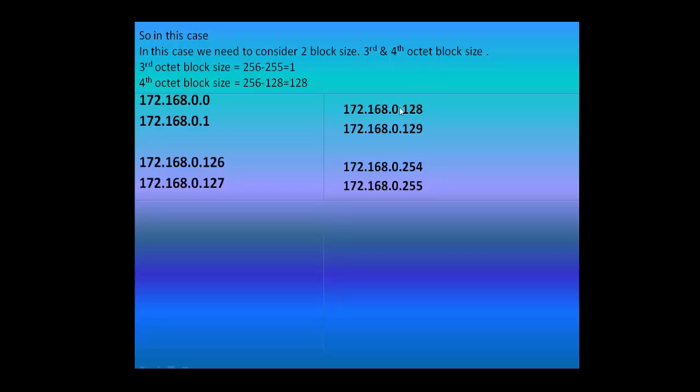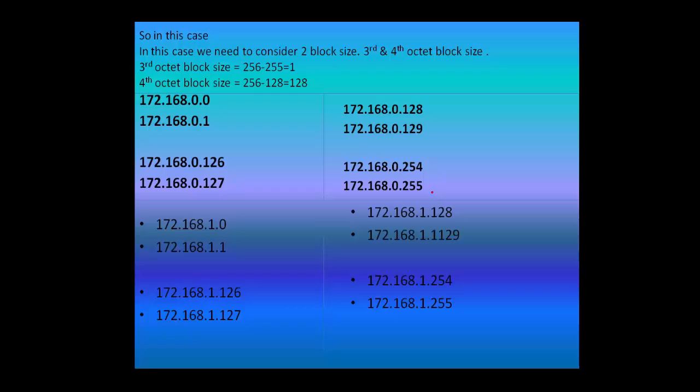Again, start with 127, finish here 128. Now it is the network ID, valid IP range, and broadcast IP. But now look, your fourth octet becomes saturated here. So the third octet block size is 1. Look here, variation comes here. Again it gets repeated, 127, then 1.128, and it keeps going up to 5,000. I cannot show you all the subnets.